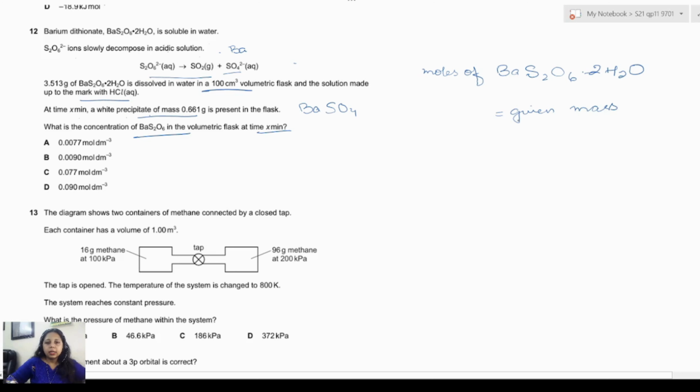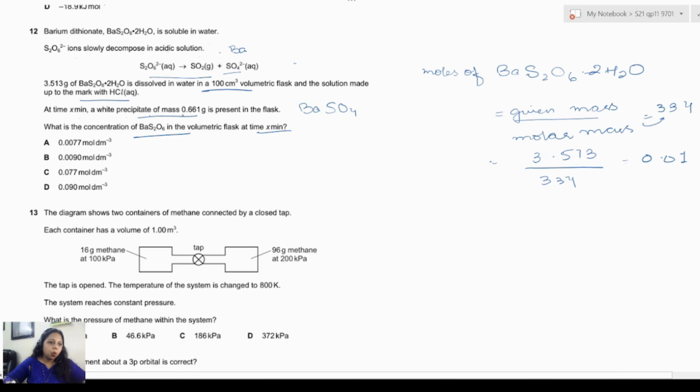The molar mass, calculated, is 334. So given mass is 3.513 and molar mass is 334. So the answer is about 0.01.